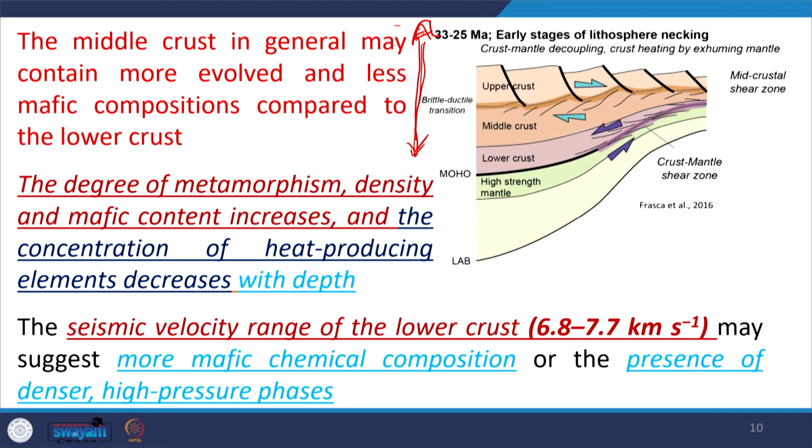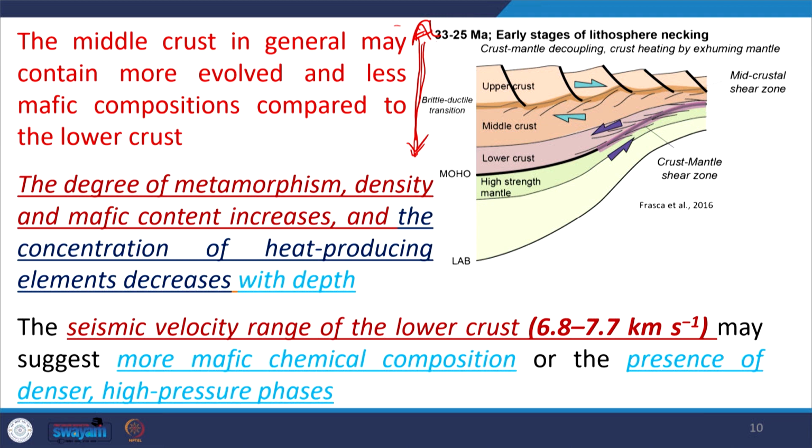So, gradually once we are moving towards the more felsic content, we are increasing the heat producing elements like uranium, thorium, potassium, whatever the radioactive minerals are there. So, gradually once we are going down, their content is decreasing, and the seismic velocity range of the lower crust varies from 6.8 to 7.7 kilometers per second, which may suggest more mafic chemical composition or the presence of dense and high pressure phases.